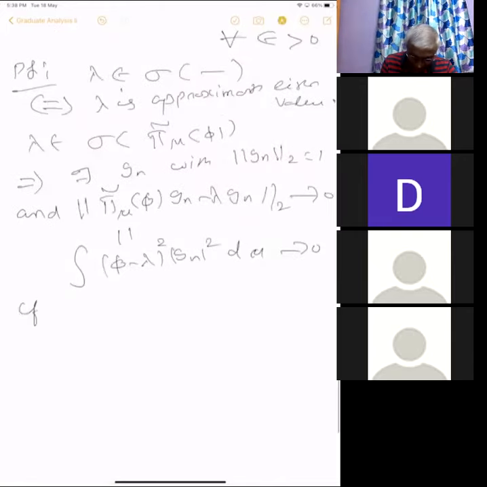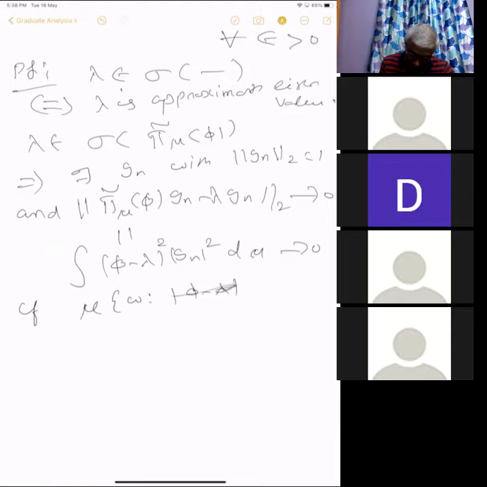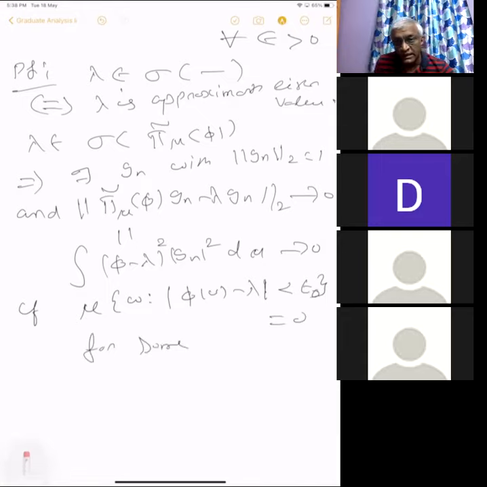Suppose the mu of the set of omega such that the absolute value of phi of omega minus lambda is less than epsilon is equal to 0 for some epsilon naught. We want to prove this is greater than 0 for all epsilon. Suppose it is equal to 0 for some epsilon naught; then this should not happen. That's what I want to say.